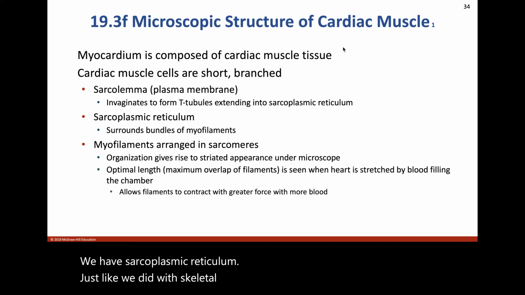So far, nothing's too crazy different. We have myofilaments arranged in sarcomeres. Really, nothing's different.